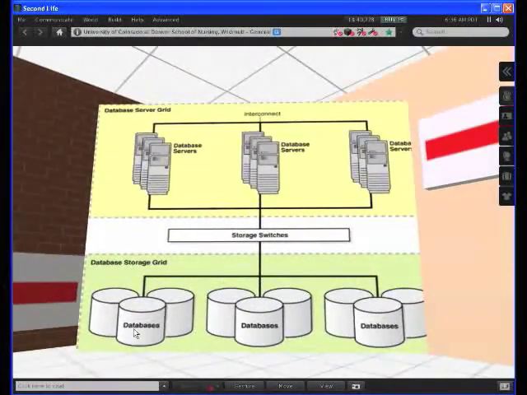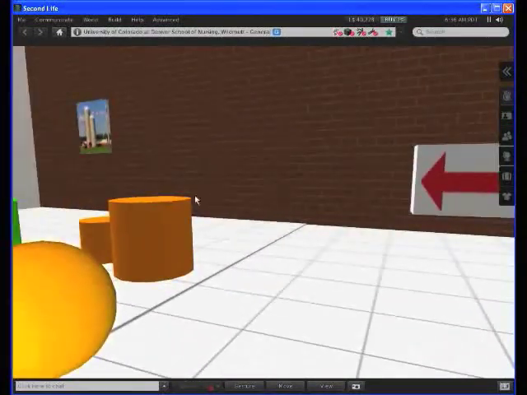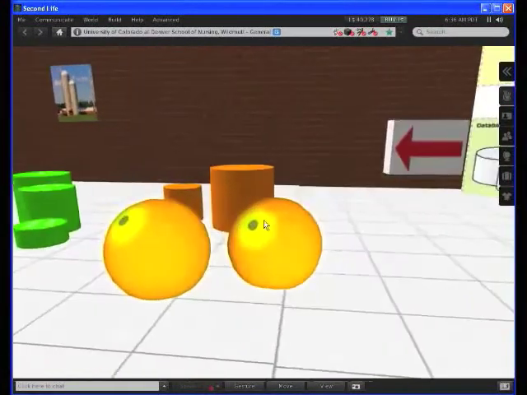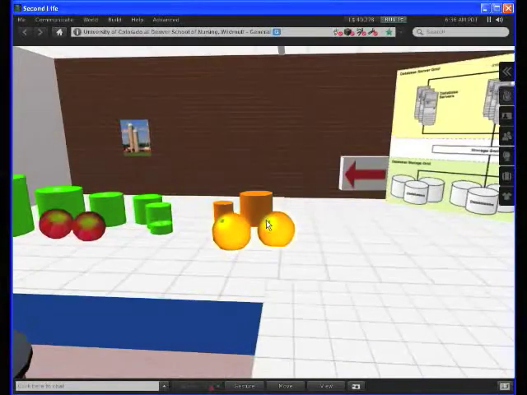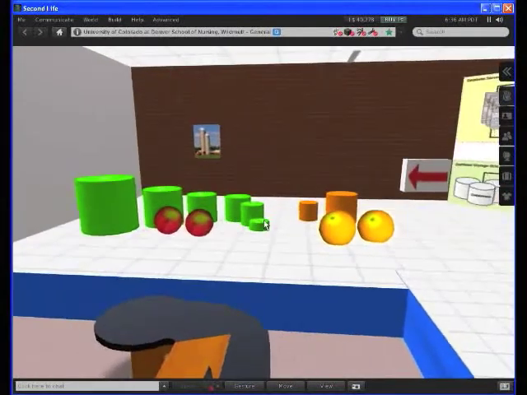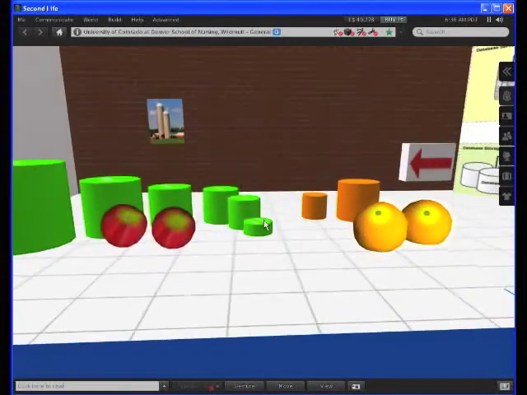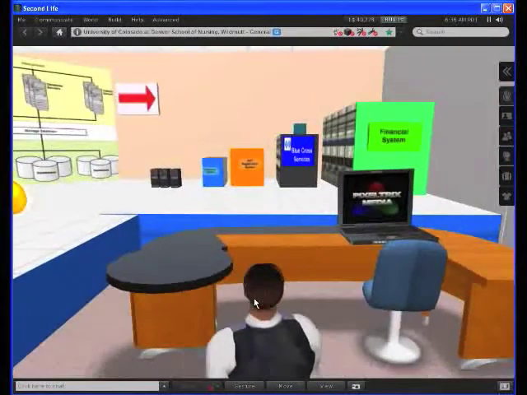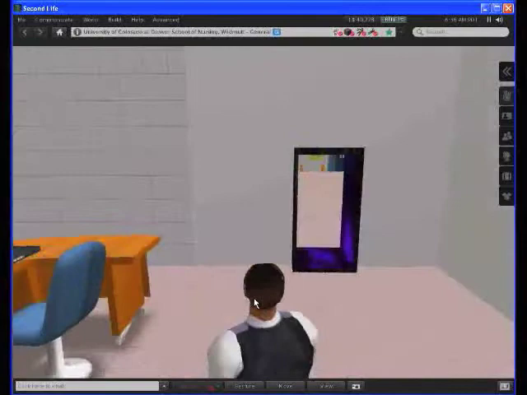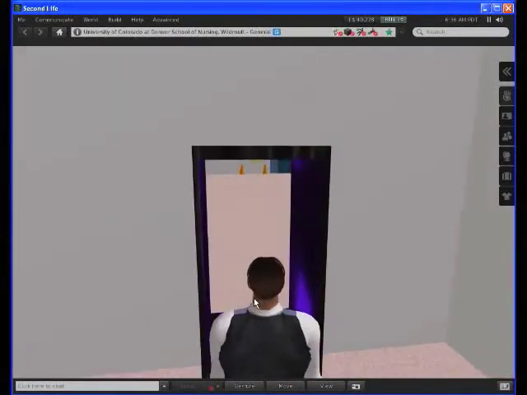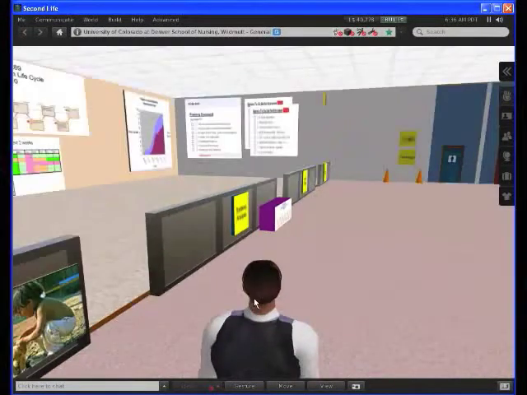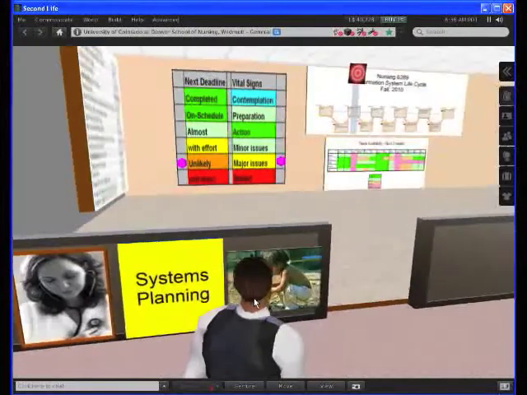A sort of diagram of what we're trying to illustrate. Servers on the top and databases as small disk objects on the bottom. And two different databases illustrated with apples and oranges to recall the difficulty of trying to mix the contents of those two databases in a single database.